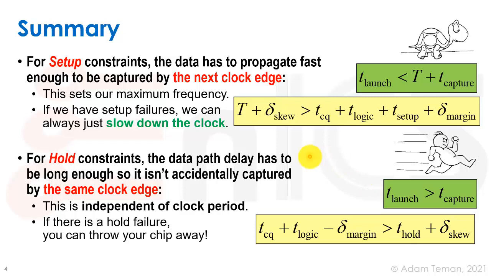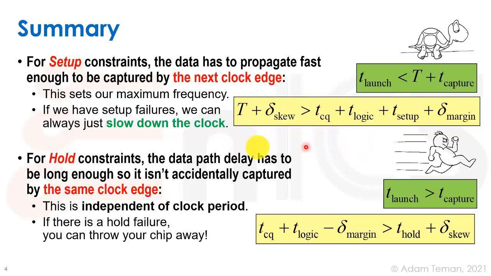It's the amount of time that we have between, for setup, when our next clock edge appears, and that we still had margin in order to capture the data on time. So going from one register to the next register, it took us some amount of time, launch time, and our capture time is basically the clock period plus whatever time it takes to propagate over to the capture register.